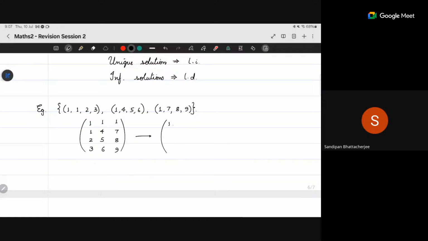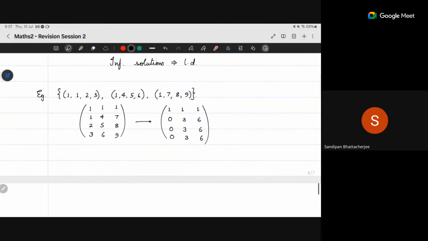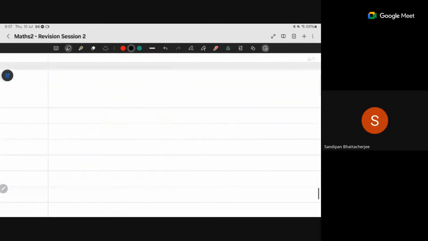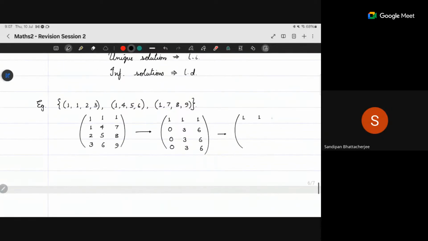And to do that, what will I do? R2 minus R1, R3 minus 2R1, and R4 minus 3R1. Here we can do R4 minus R3 and then R3 minus R2, and then R2 you divide by 3.